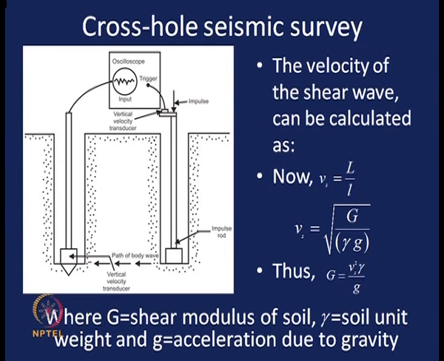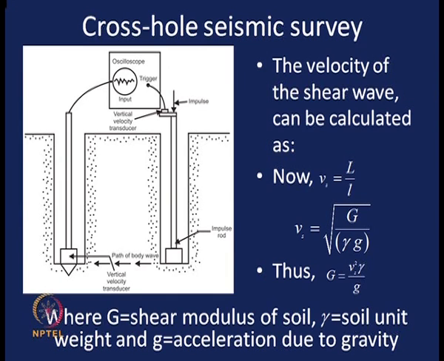So first we create a shear wave using a vertical impulse, and the transducer records it. This is the total system. We can record the time required for the shear wave to travel from this point to this point.